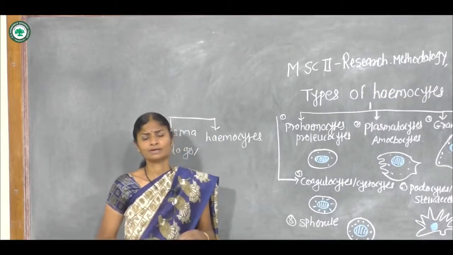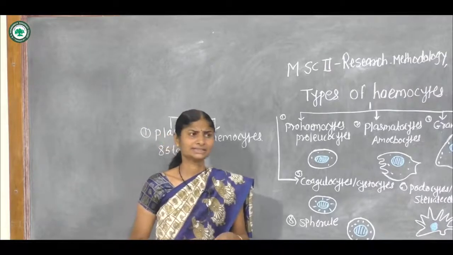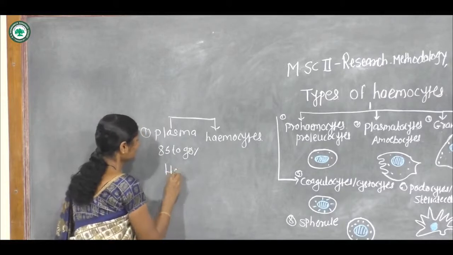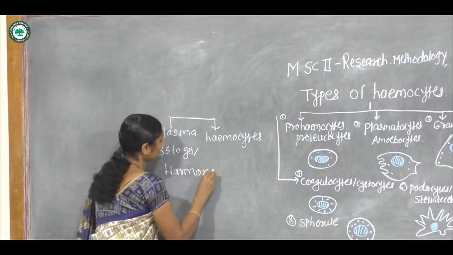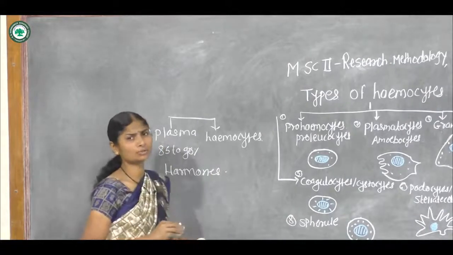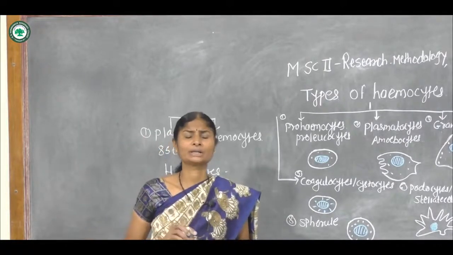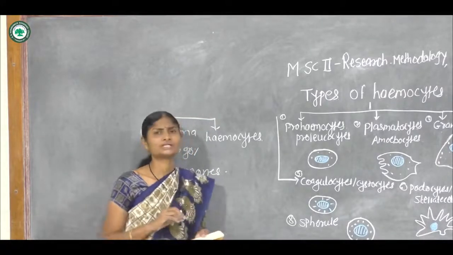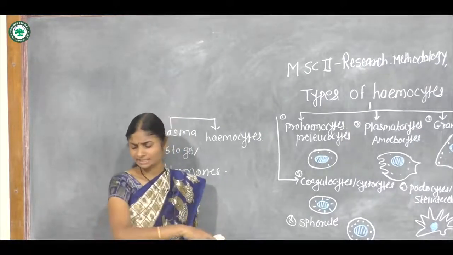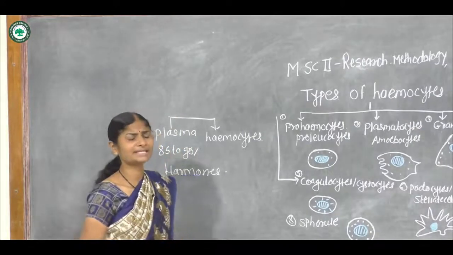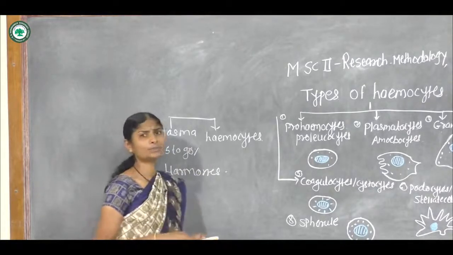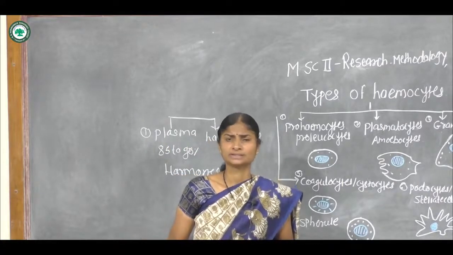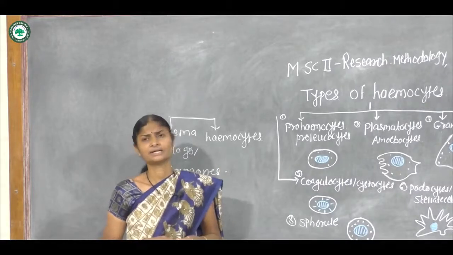Again, hemolymph contains hormones, diuretic and antidiuretic hormones, and these hormones regulate the water balance in the body of insects. Some insects have pigment cells, that is, xanthophyll pigments are present, as well as hemoglobin in the hemolymph of insects.